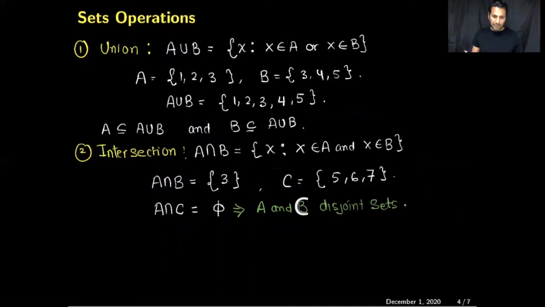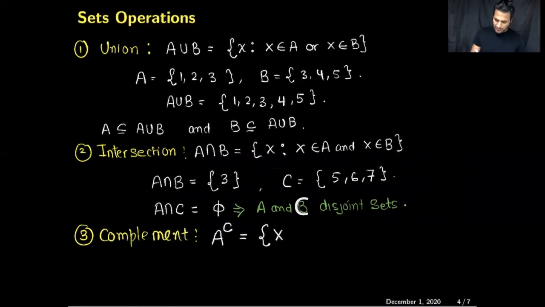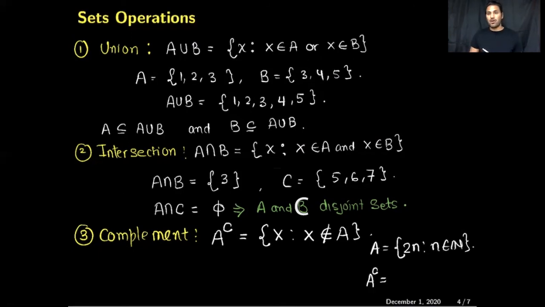Our third operation is complement. The complement of a set is denoted by A power C, and it contains all the elements of the universal set which are not in A. For example, if I have a set A which contains all the even numbers 2n, where n belongs to the set of natural numbers, then the complement of the set will be all the natural numbers which are not even, or in other words, in this case, all the odd natural numbers.